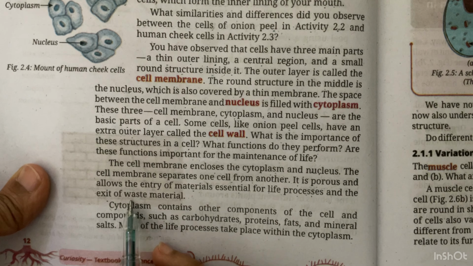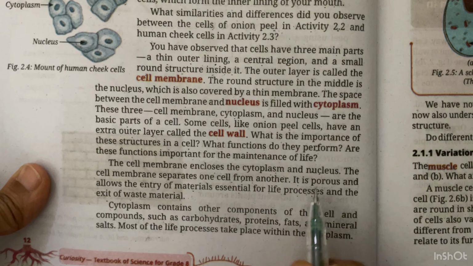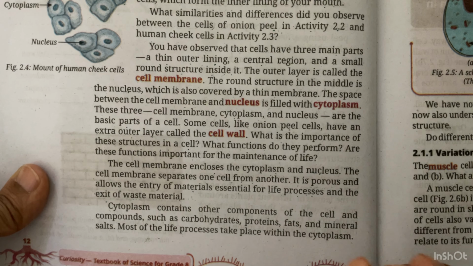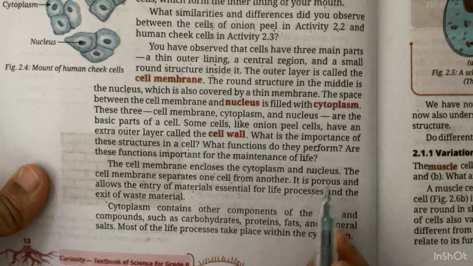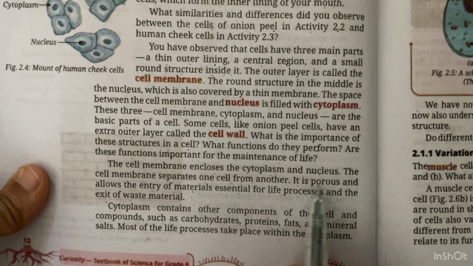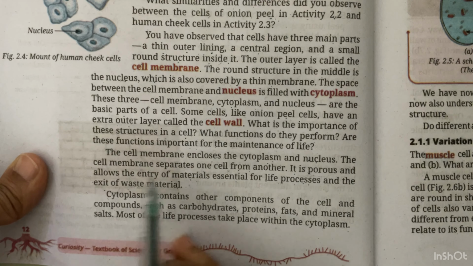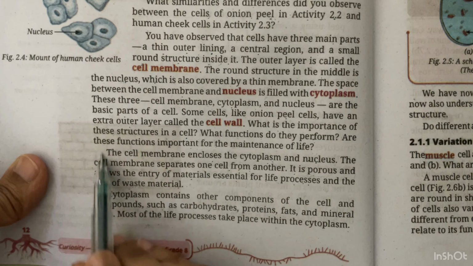The exit of waste material also happens through the pores, because the cell doesn't have a digestive or excretory system like we do. Everything happens through the cell membrane because it is porous. Now we will go to the next one. If they ask you the function of the cell membrane, we have to write this.